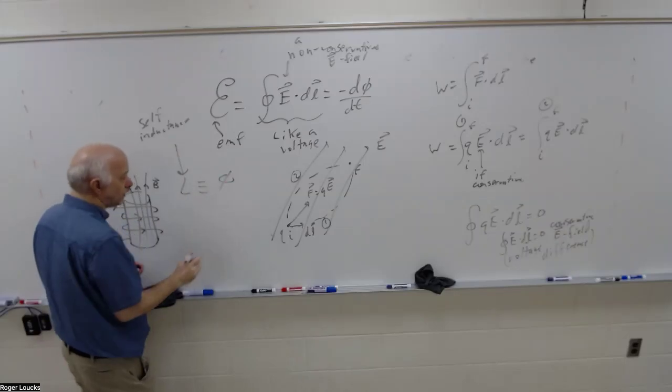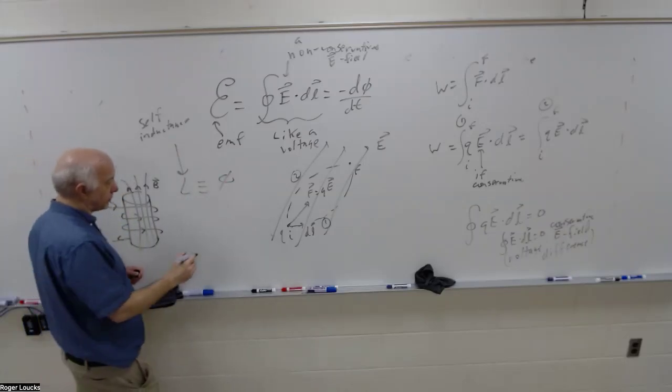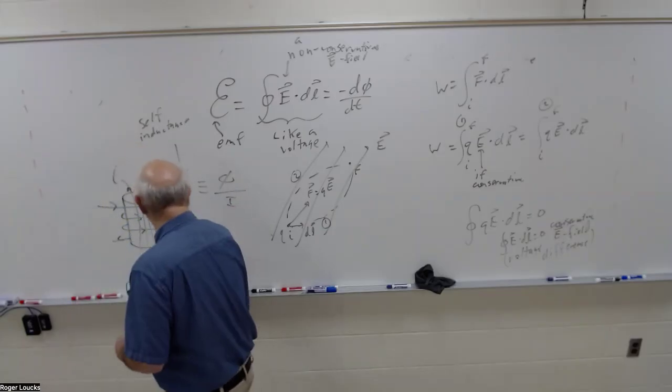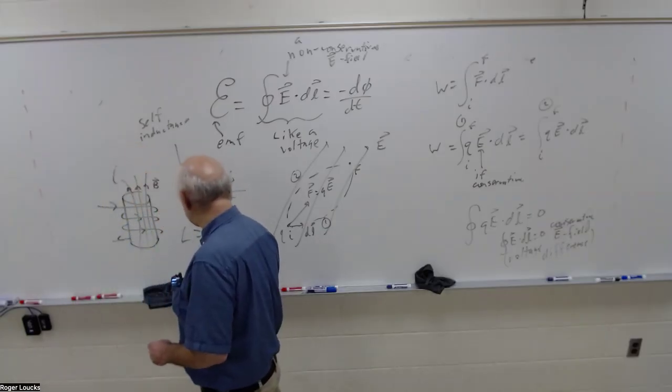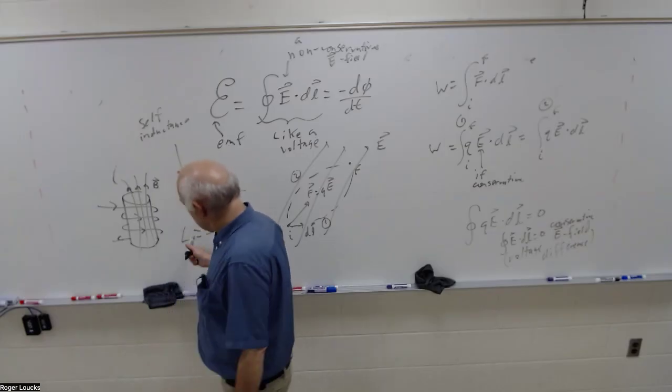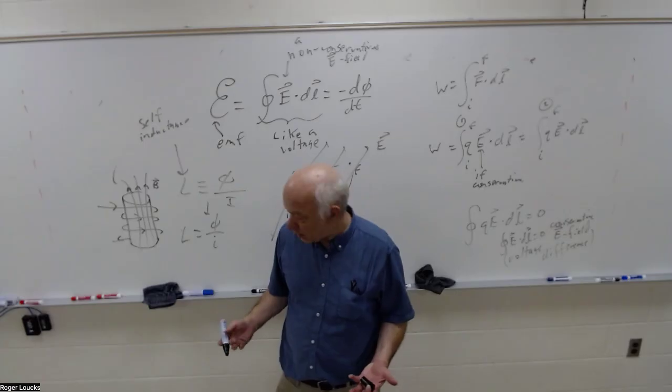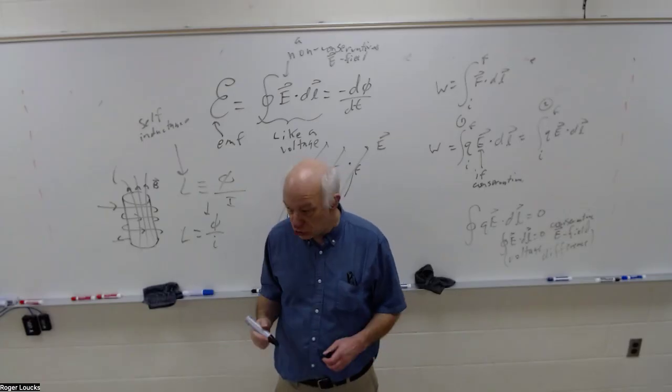We take the total flux divided by the current going through the circuit. In this case, this just goes to phi times I. This L here is independent of phi; it only depends on geometric factors.